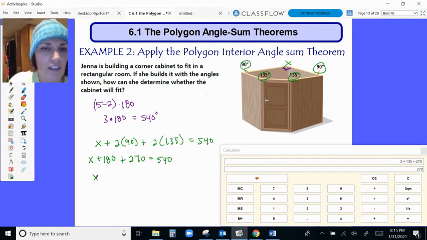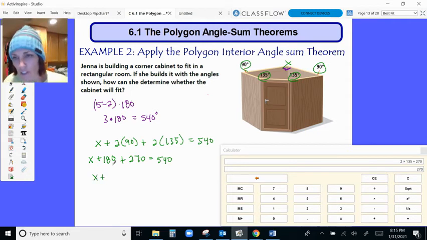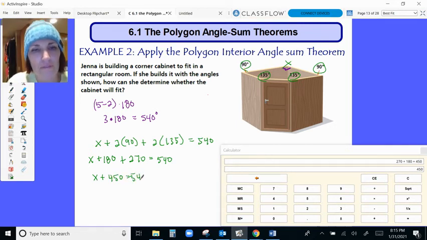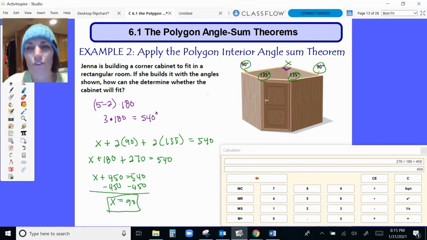So x plus 270 plus 180, and that's 450. We're going to subtract 450, so x should be equal to 90 degrees. And there you go, so it will fit.